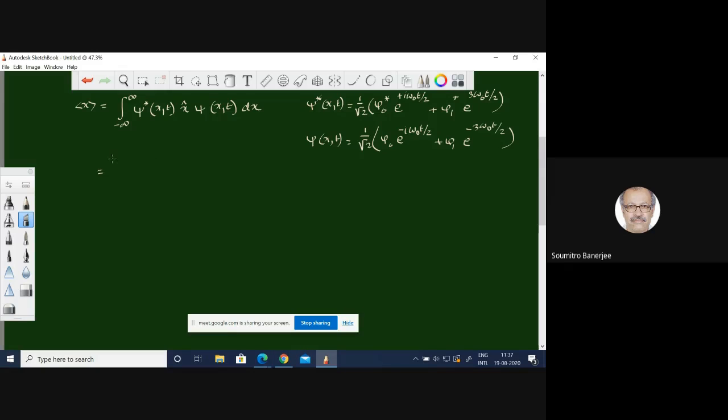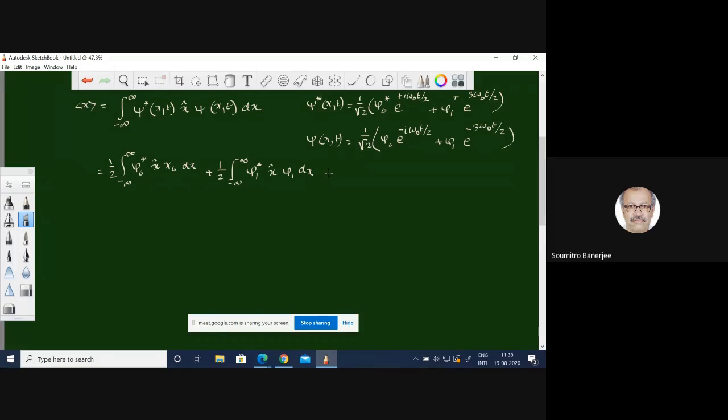2 of them, so it will become half integral from minus infinity to infinity. First, we'll consider psi naught with psi naught. It will be psi naught star x psi naught dx, the first term, plus half integral from minus infinity to infinity psi 1 star x psi 1 dx, 2 terms done.